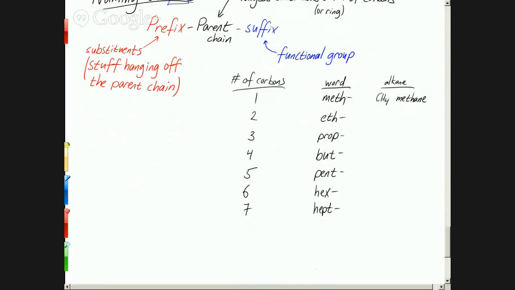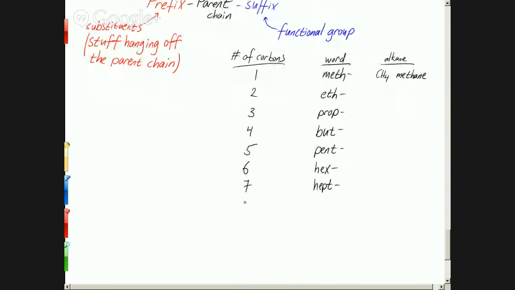And 7 is hept. 8 is oct. 9 is non. And 10 is dec.